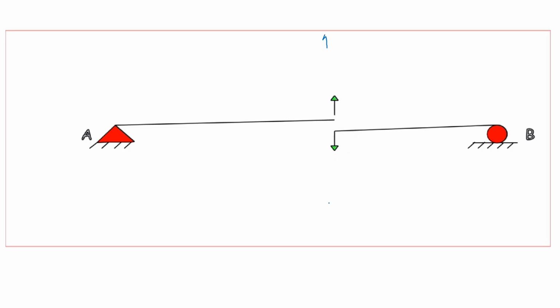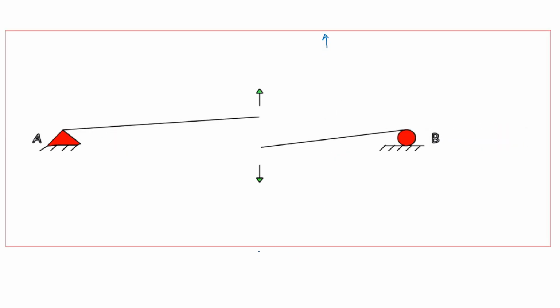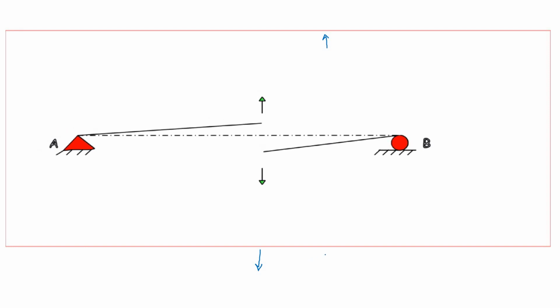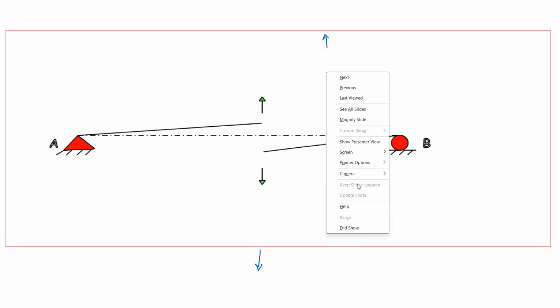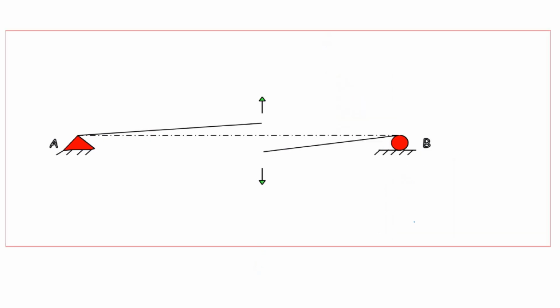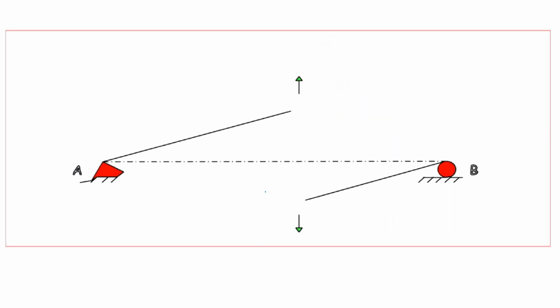So we pull upwards, and the right half is pulled downwards. Now we have got the shape of the influence line diagram for the shear at this particular location.